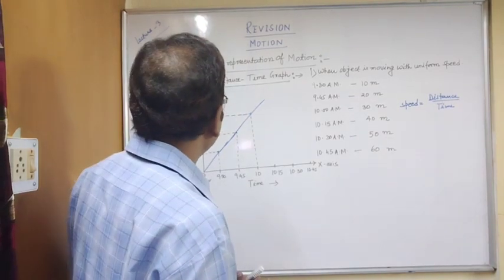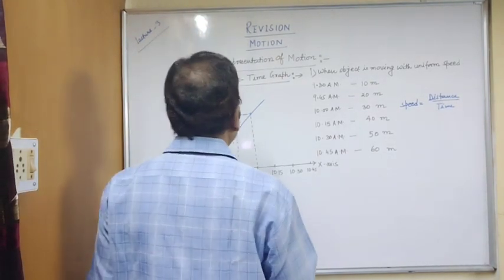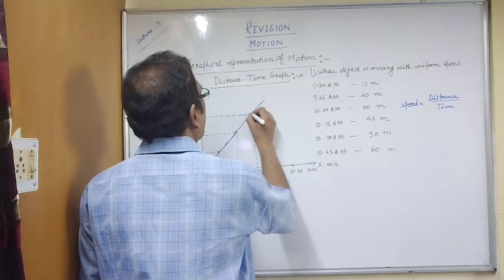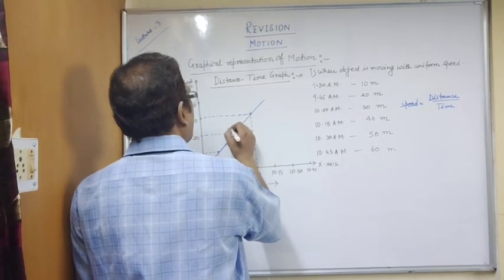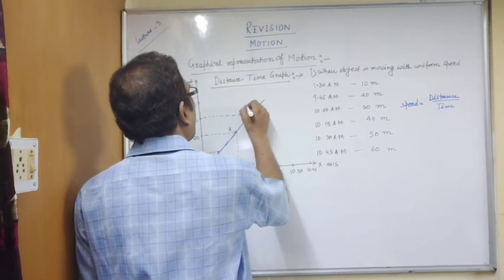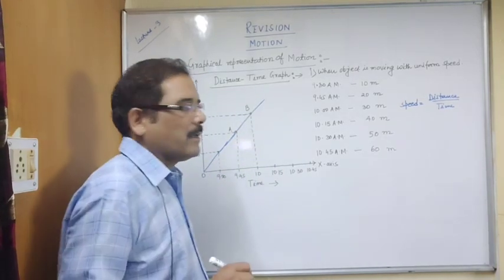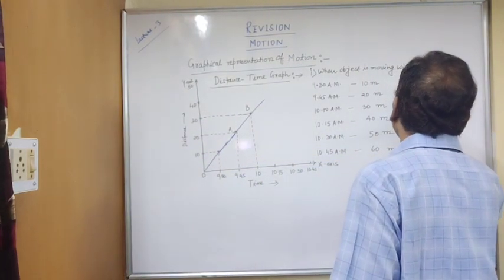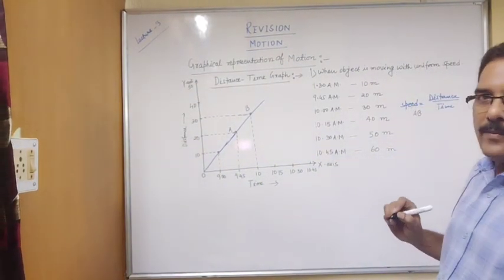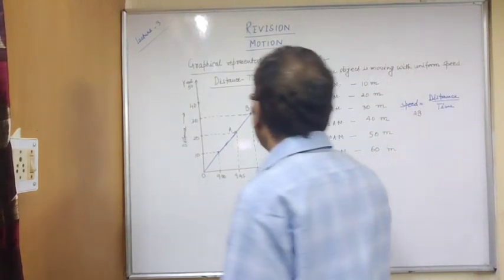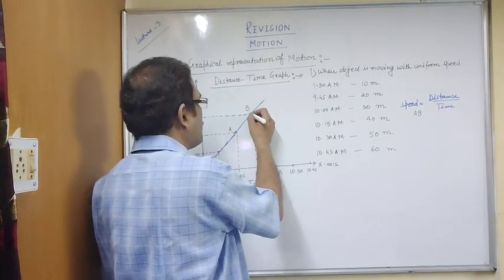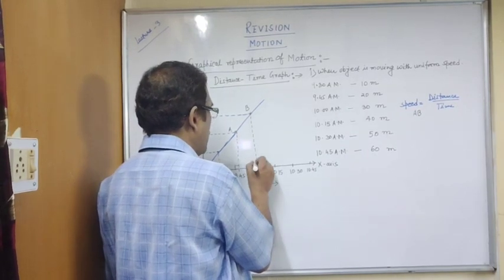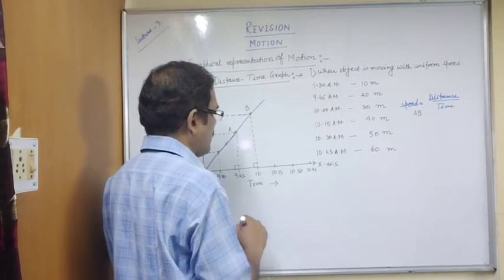For example, suppose you have to calculate speed between these 2 points. Suppose this point is A and this point is B. So you have to calculate speed between points A and B. Then you have to draw perpendiculars from these 2 points on the x-axis, isn't it?